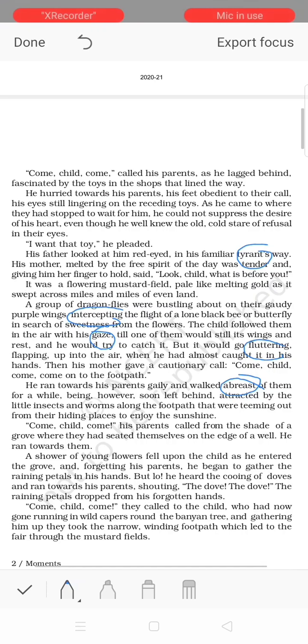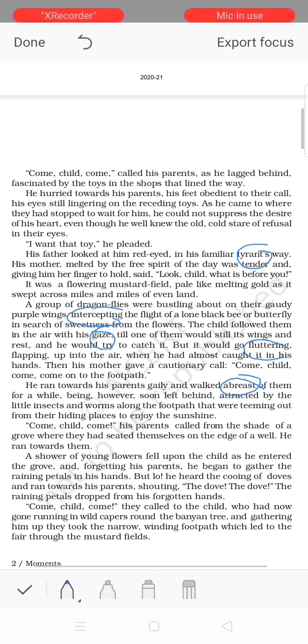A shower of young flowers fell upon the child as he entered the grove, and forgetting his parents, he began to gather the raining petals in his hands, but lo, he heard the cooing of doves and ran towards his parents, shouting, "The dove, the dove!" The raining petals dropped from his forgotten hands.